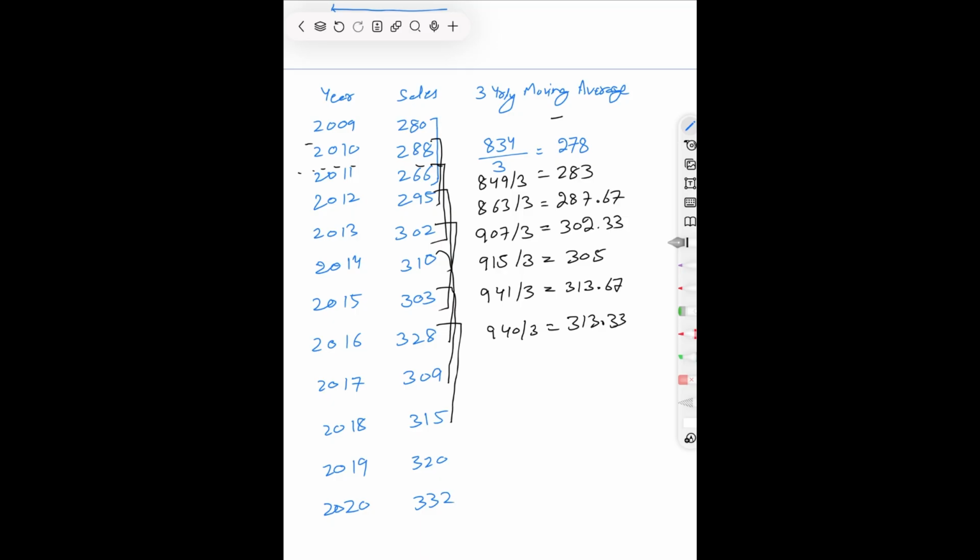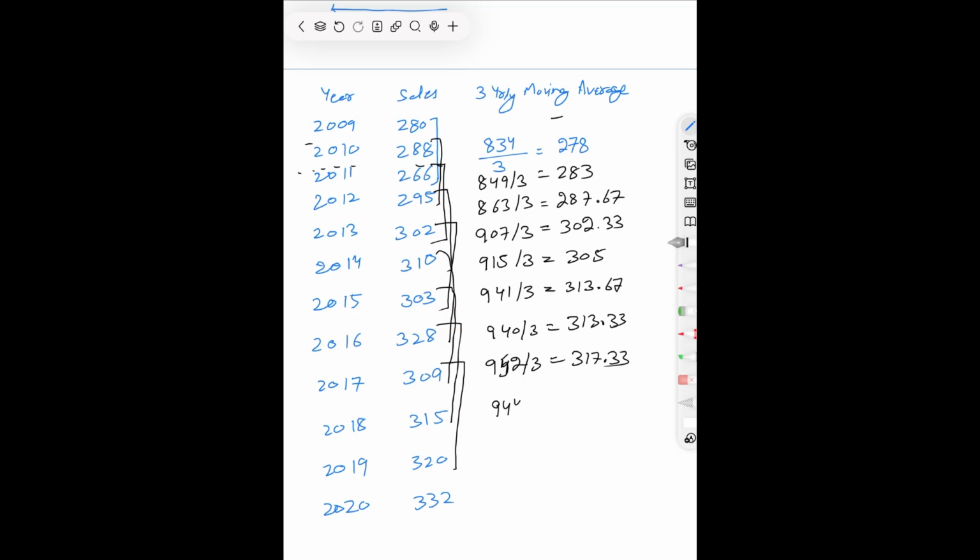Next three, 328 plus 309 plus 315. This will be 952 divided by 3, 317.33. Then next three, 309 plus 315 plus 320.